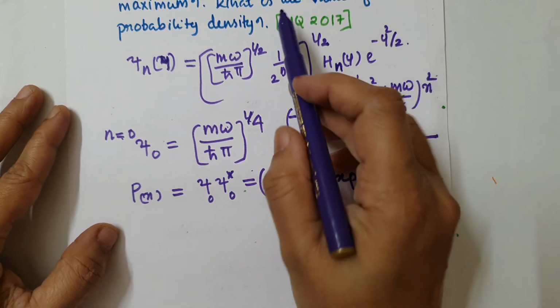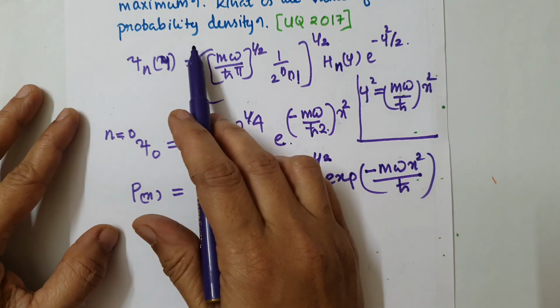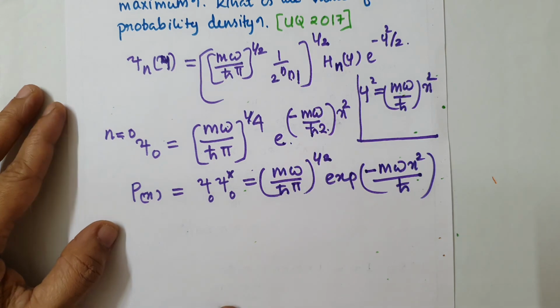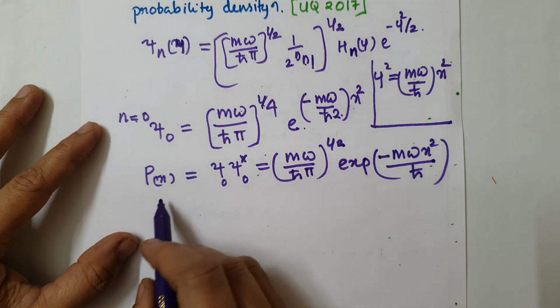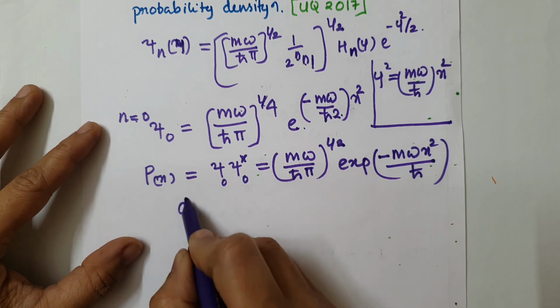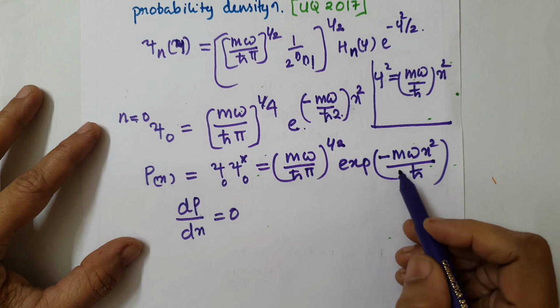Where is the probability density maximum, and what is the value of the maximum probability density? The probability density P will be maximum at the point where dP by dx is equal to 0, since it is a function of x.